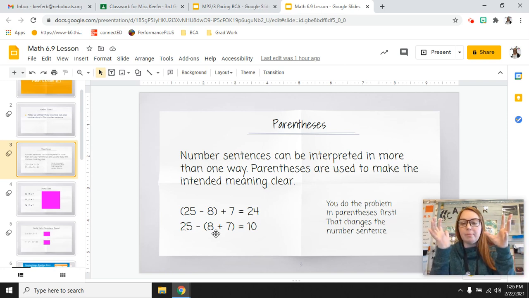Then we brought that 25 back in, and we did 25 minus 15, which equals 10. So you solve for the parentheses first, and I think it's helpful to write the number above it, which I'll show you when we do a few example problems. And then it almost is like a 2-step number story. You do that first, then you do the other part to get your answer.